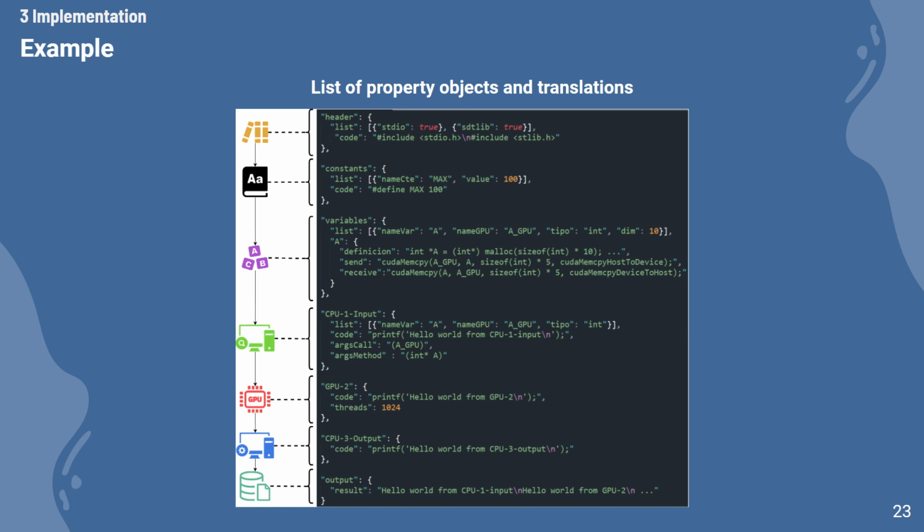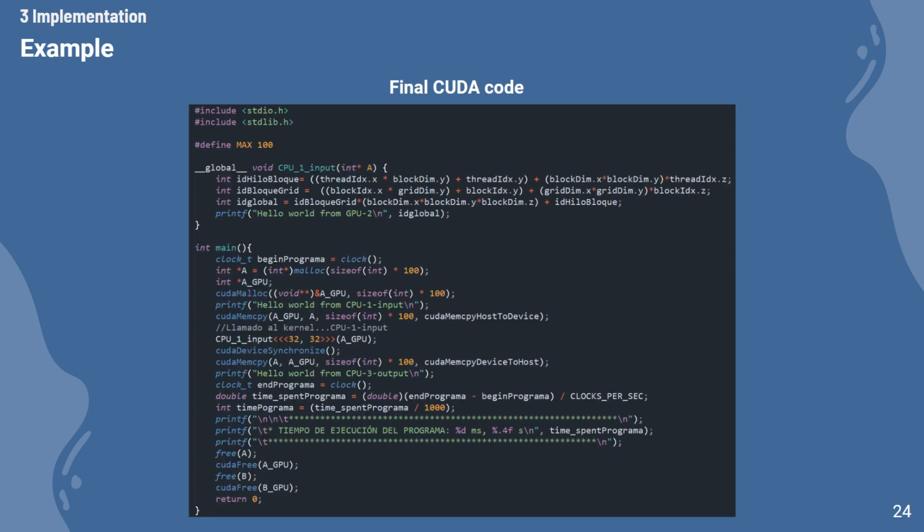This object list structure ensures that translations are consistently organized and can be accessed in an orderly fashion during final code generation. Additionally, the object list also stores the relationship that exists between neighboring icons in the GLG interface. This information is crucial for determining the order in which the translated code should be assembled.